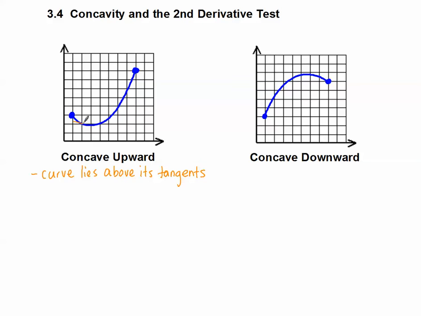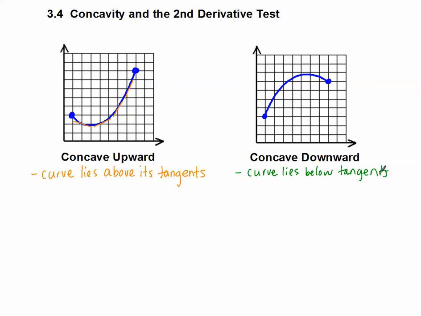Notice when I draw a tangent line anywhere, the curve is bending upward above the tangent lines. The curve lies above the tangent lines. Concave downward is the curve lying below its tangent lines.